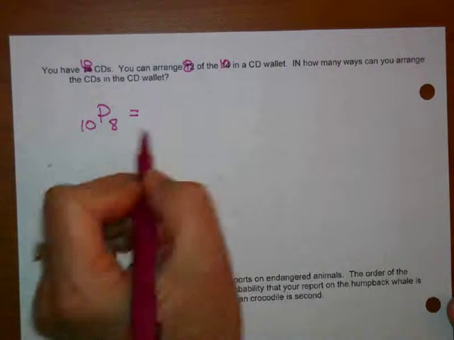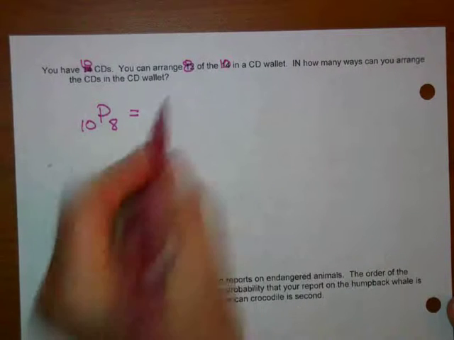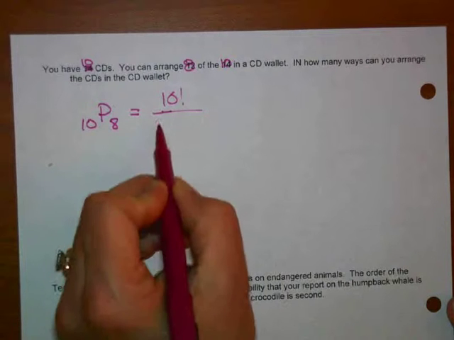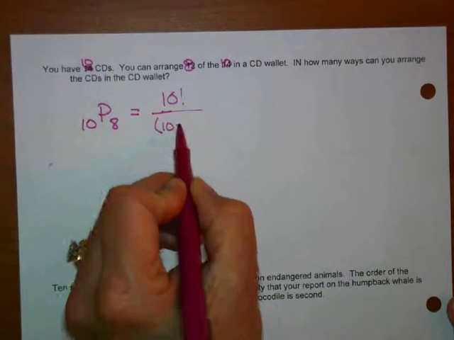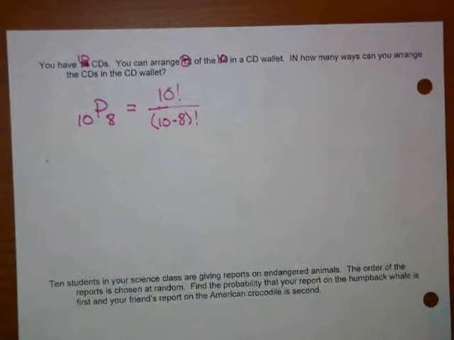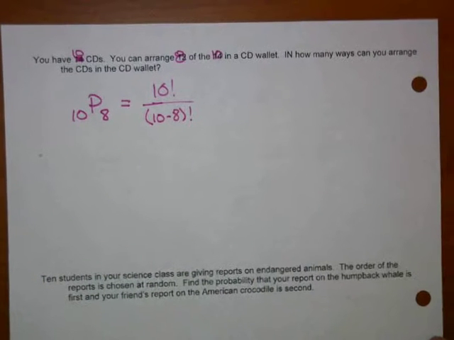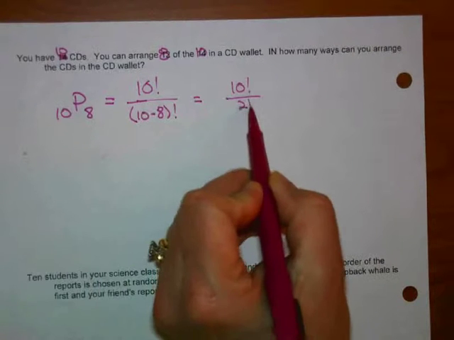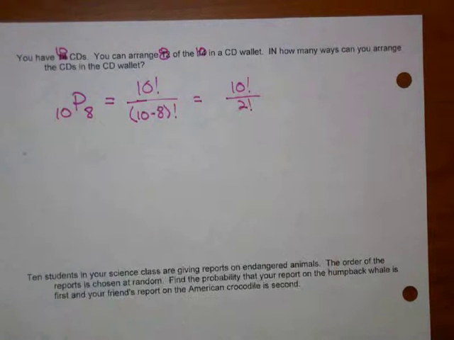The numerator would be your total, 10 factorial, divided by your total minus the number you want to arrange, factorial. So actually this comes out to be pretty easy as well. This would be 10 factorial over 2 factorial, so it's not quite as easy because it only takes off the 2 and the 1, right?